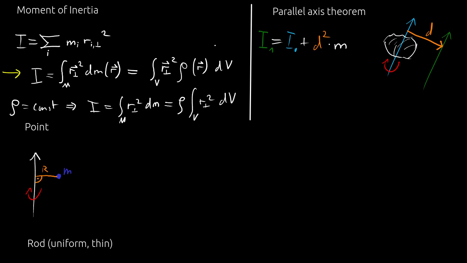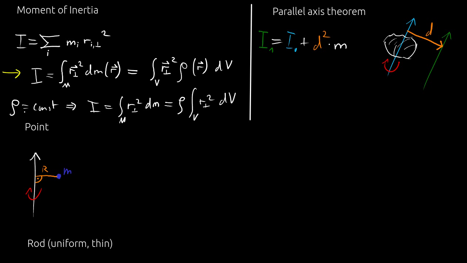But in this video we will only be covering objects with a constant density, so the mass will be equally distributed along the object, or each point will have the same mass.